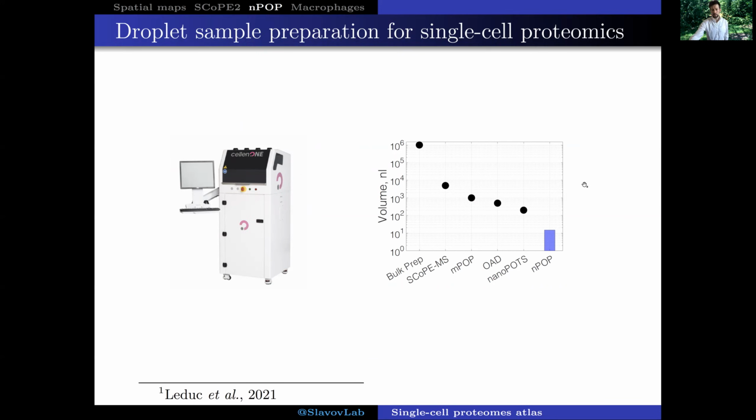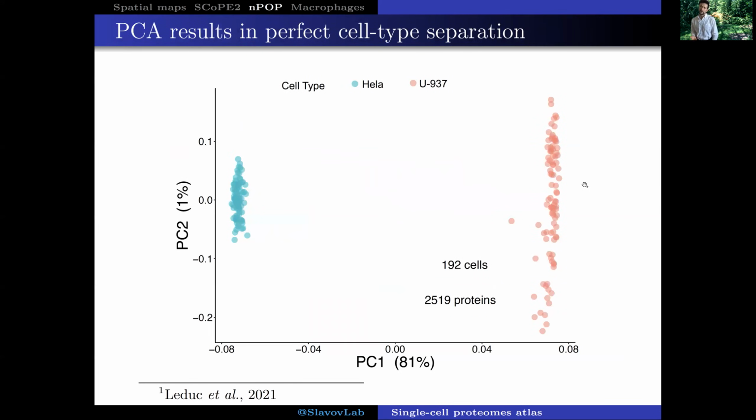And this improved sample preparation also results in higher quality protein quantification, as shown here with this example of separating a few hundred HeLa cells and U937 monocytic cells analyzed with this approach, where we can not only see the differences between cell types, capturing 81% of the variance in the data, but now we can begin to see a lot of differences in heterogeneity within a cell type due to protein-protein interactions or the cell division cycle, and you can read about it in the preprint referenced at the bottom.